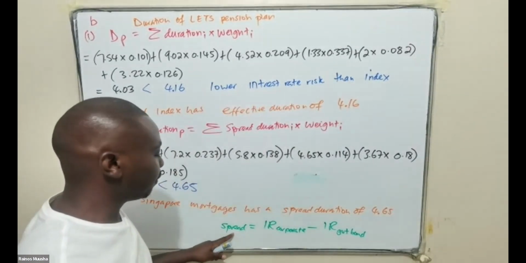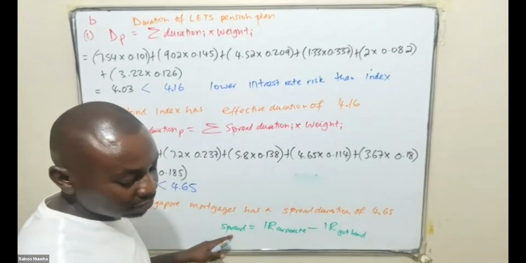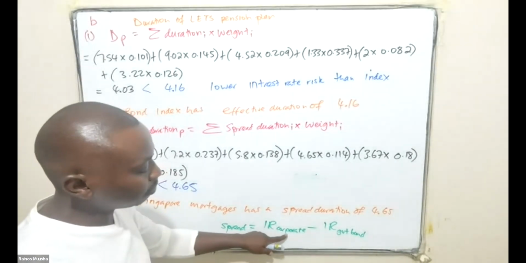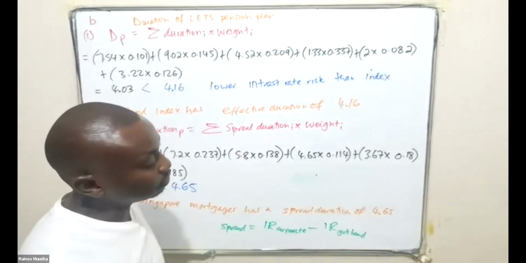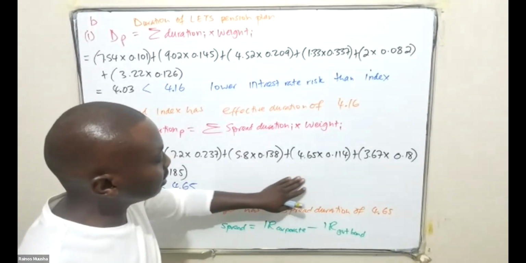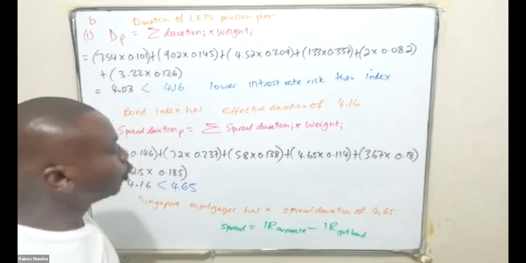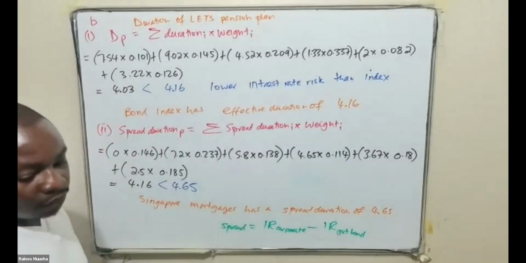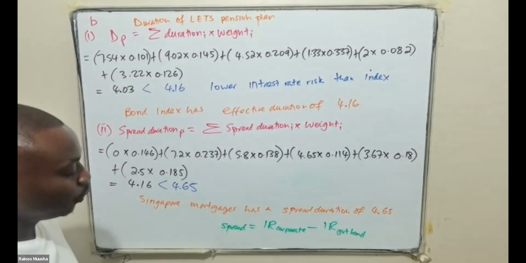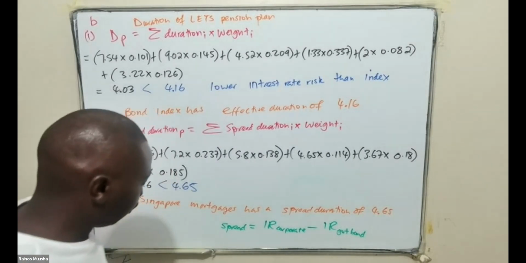So that is the spread. The spread is basically the difference between the interest rate on corporate bonds and the interest rate on government bonds.